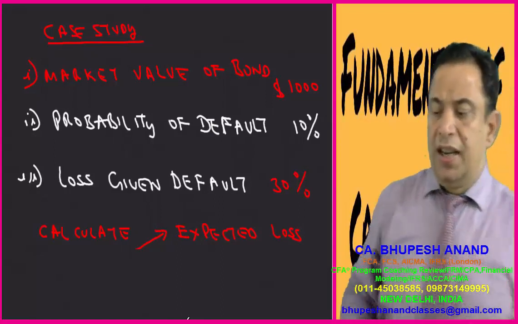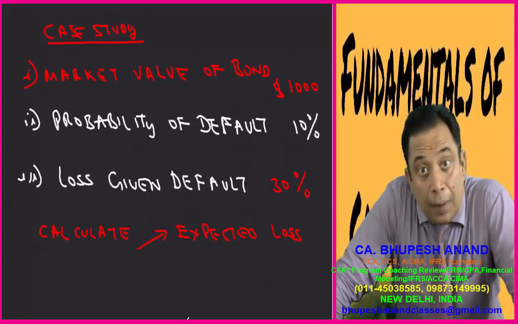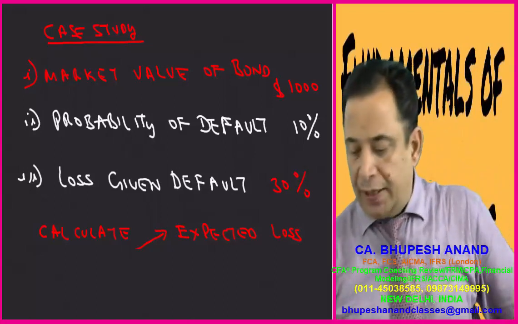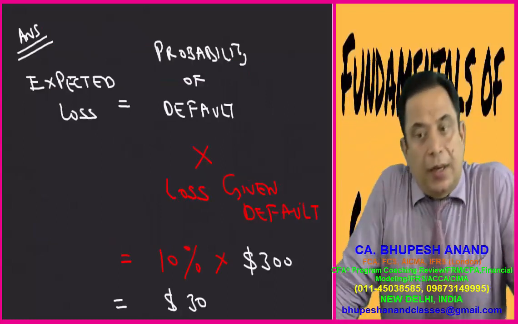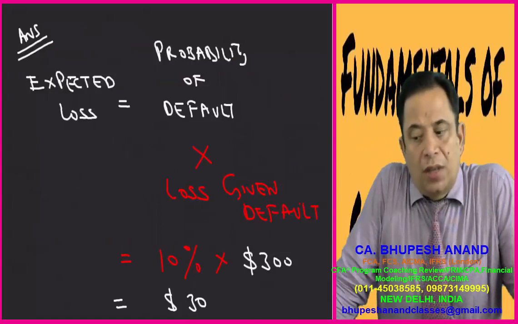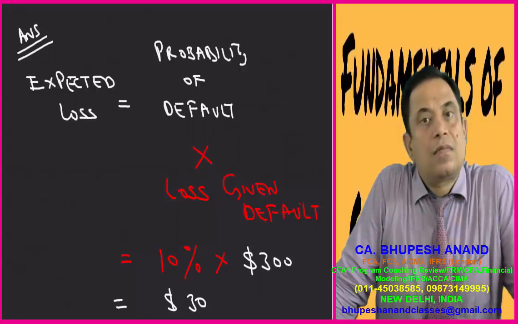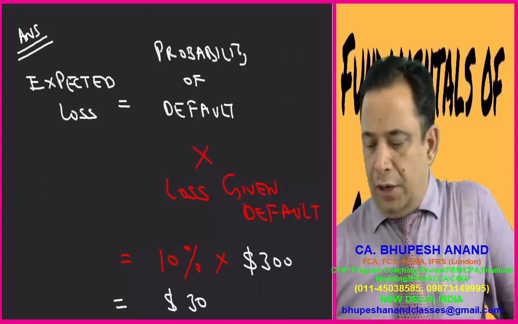And loss given default. If default is there, now that condition number 1 is default, that the probability is 10%. Loss given default is 30%. Calculate expected loss. So I have calculated expected loss: probability of default into loss given default, 10% into $300. That is $30. Now how have I calculated loss given default?